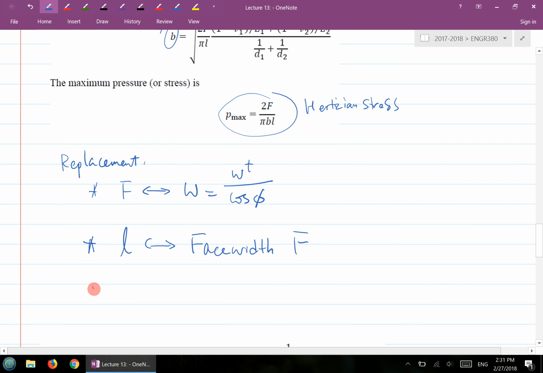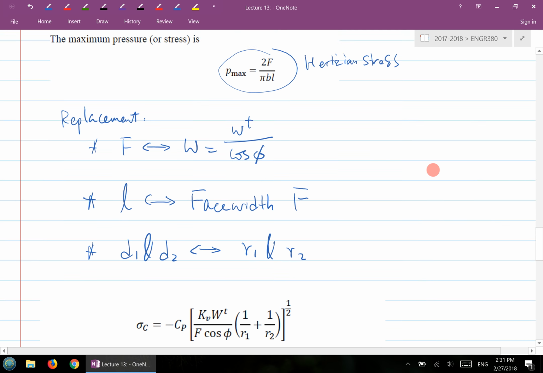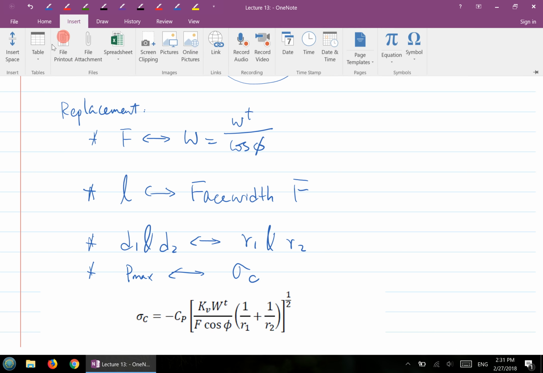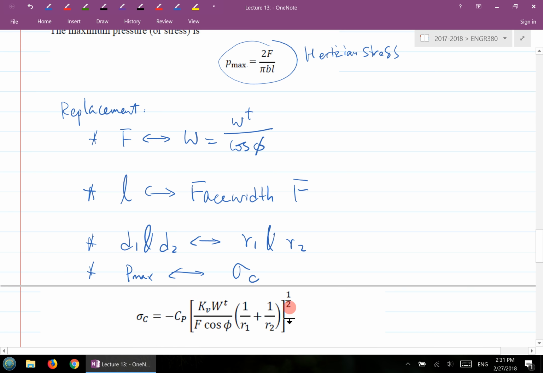And we replace D1 and D2, the diameters of the cylinders, with R1 and R2, and replace P max, the stress, with sigma C.